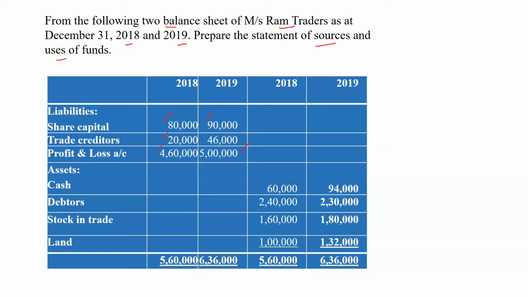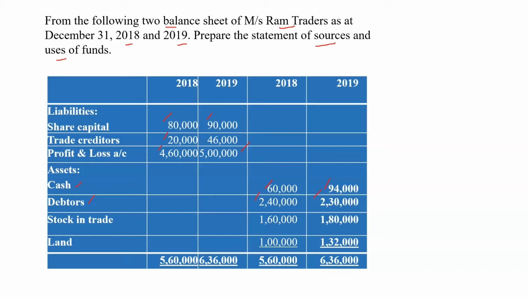Similarly, on the asset side, we have cash. Cash position has increased from 60 to 94,000. And the debtors, that is your investment on debtors, that means your credit sales, has declined from 2,40,000 to 2,30,000. There is a fall of 10,000 on your investment on debtors.